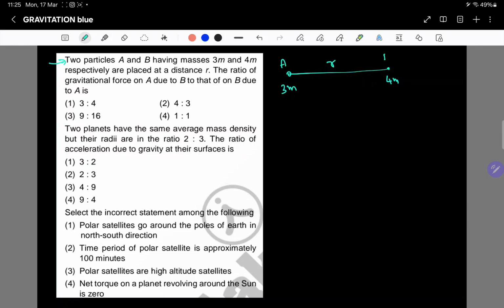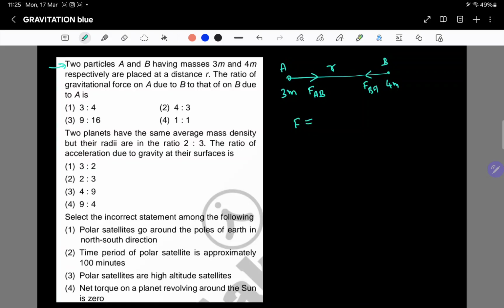Now, for example, this A and B. Gravitational force of attraction on A due to B is nothing but right side here. Gravitational force of attraction on B due to A is nothing but left side. You know very well, gravitational force of attraction depends on masses of particles and their distance.